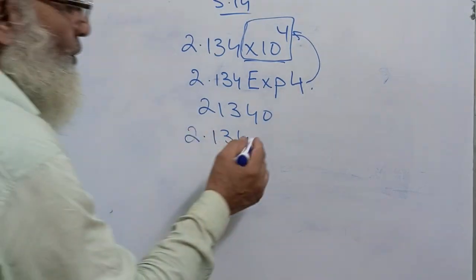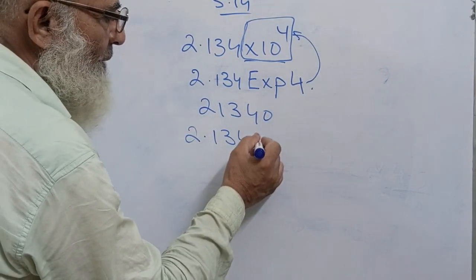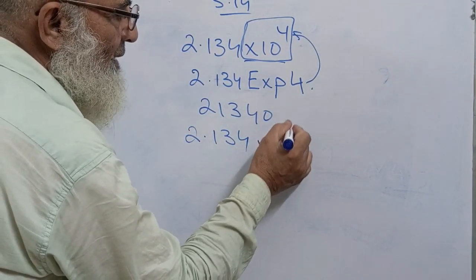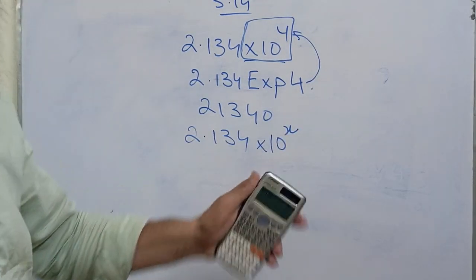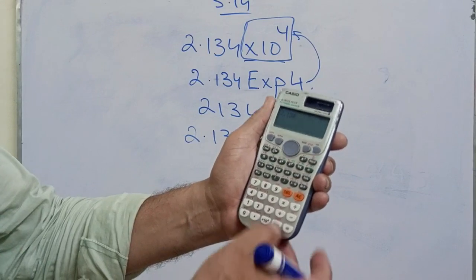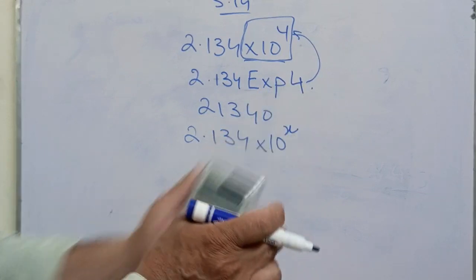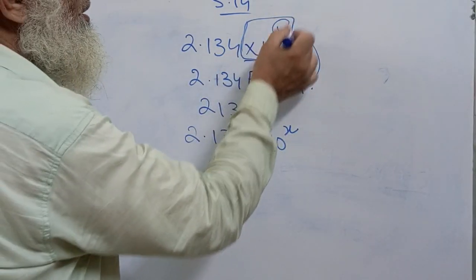So we press this button, into 10 raised to power x. Then what is x? x is 4 over here.